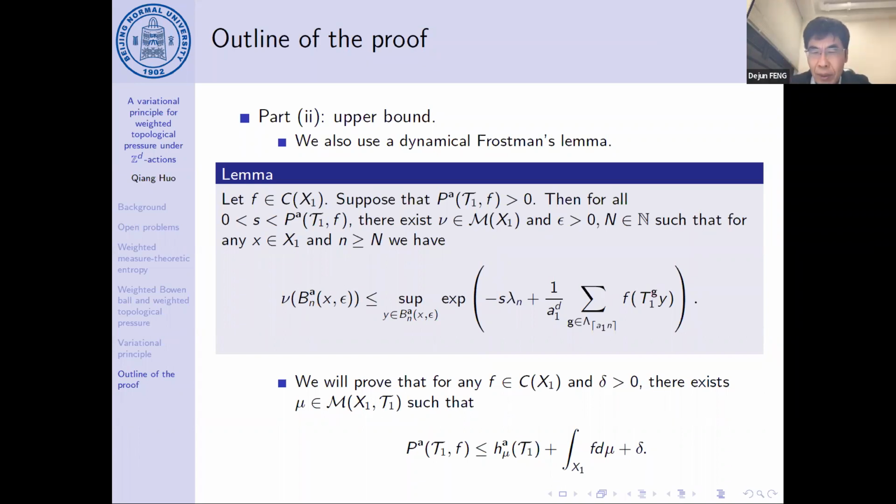Would that also imply that it's hard to generalize it to the amenable case? Pardon me? Amenable, yes. We don't know whether or not, we haven't checked. And also, there is another approach to proving this weighted variational principle by Tsukamoto.